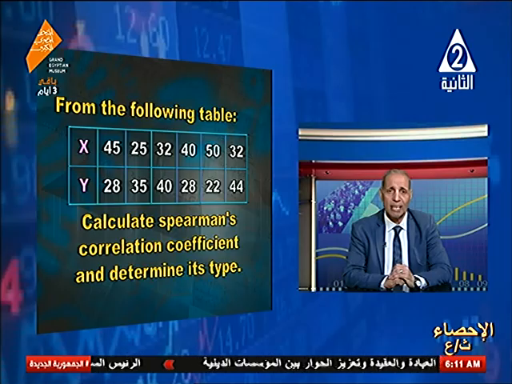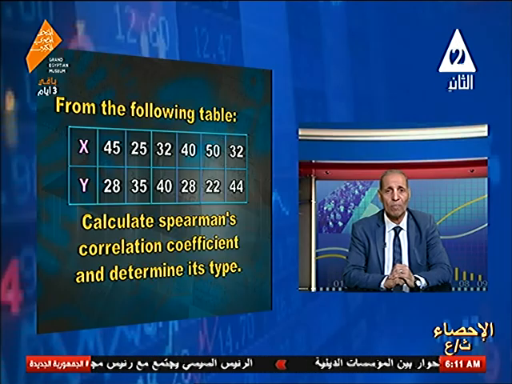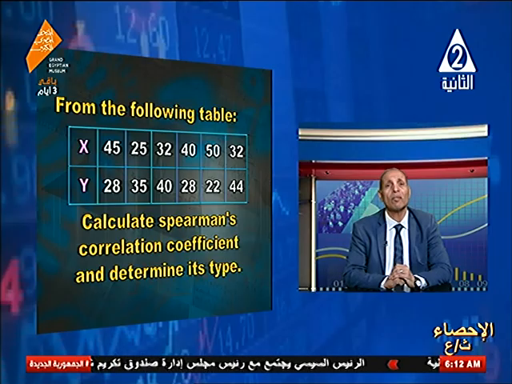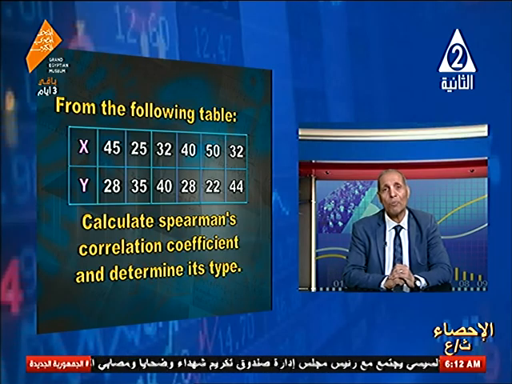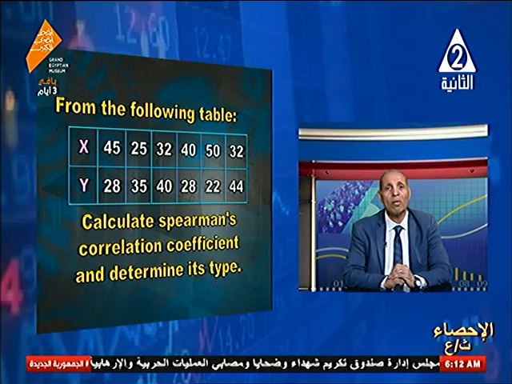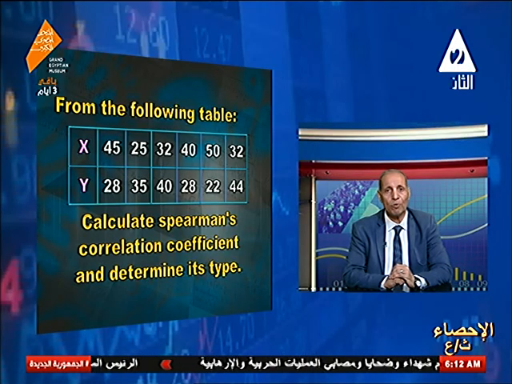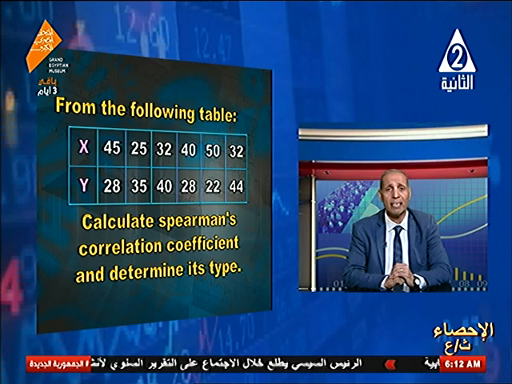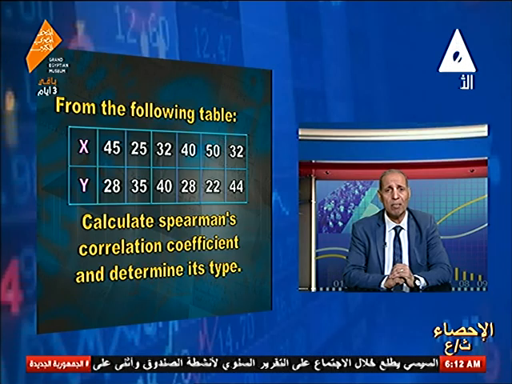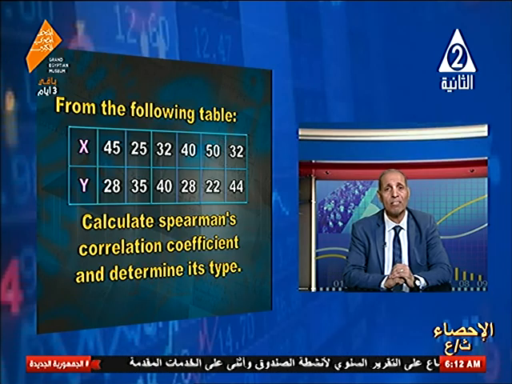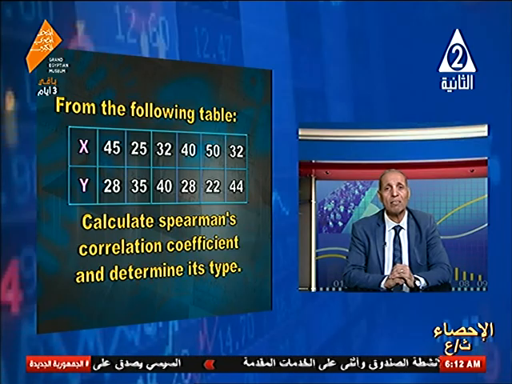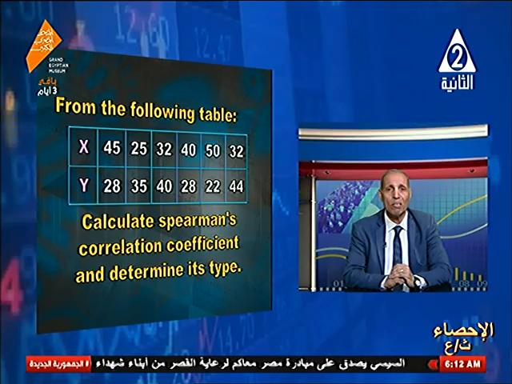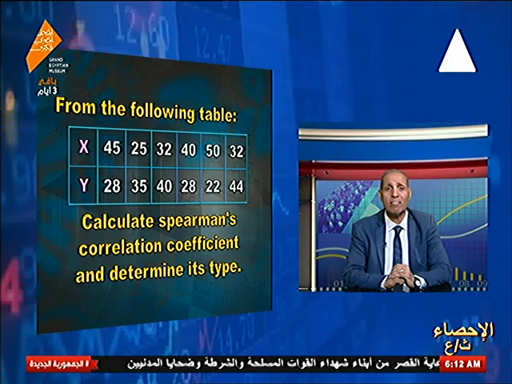Also, we find rank Y by the same method. Arranging in ascending order from the smallest to the greatest, we assign first, second, third, fourth, and so on. After that, we find the difference between rank X and rank Y. After that, we calculate D square, then the sum of D square, and substitute into R equals 1 minus the fraction with numerator 6 times the summation of D square over N. What is N?